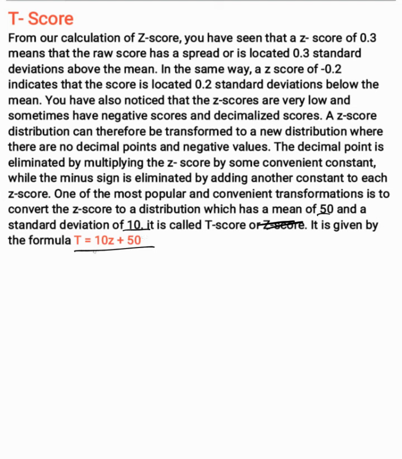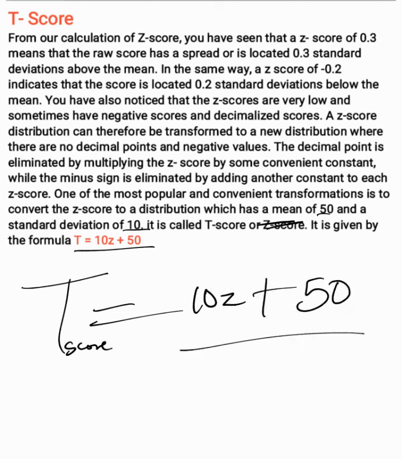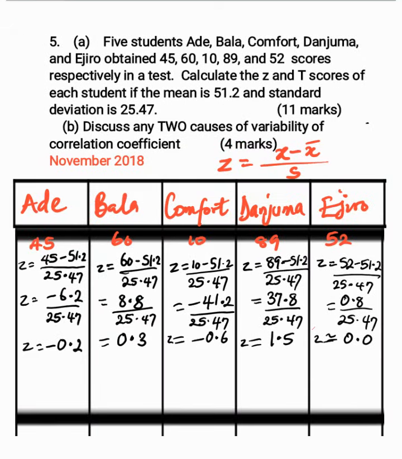So we are saying that the T score is equal to 10, the standard deviation, multiplied by the Z score, plus the mean of 50. That is the formula for calculating the T score. This is what we're going to use to calculate the T-scores of these students given to us.